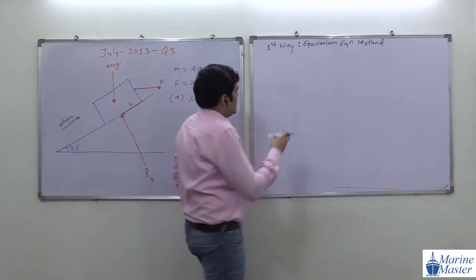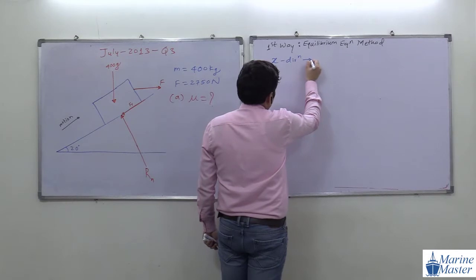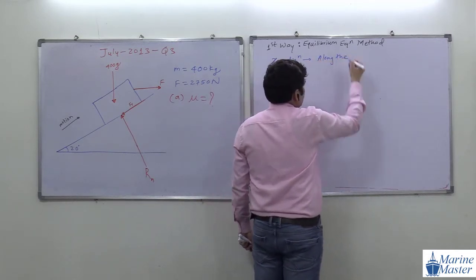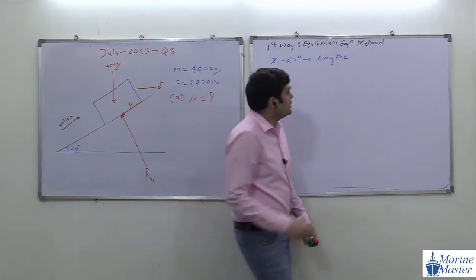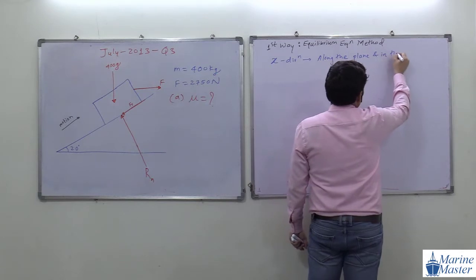How to take the x direction? For such a scenario, the x direction is along the plane, and in the direction of motion.